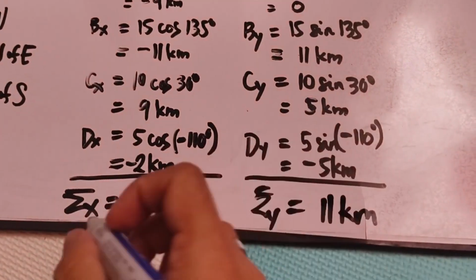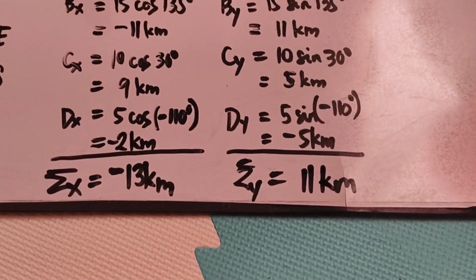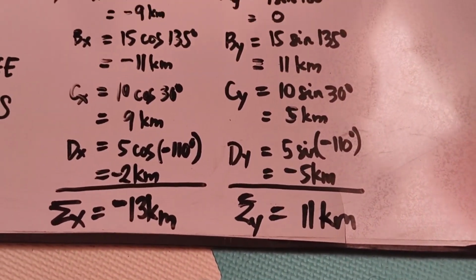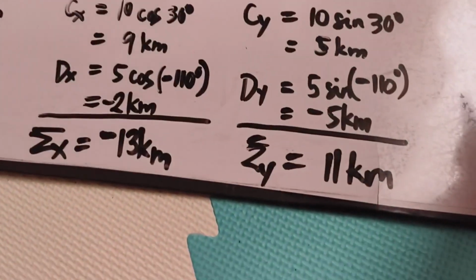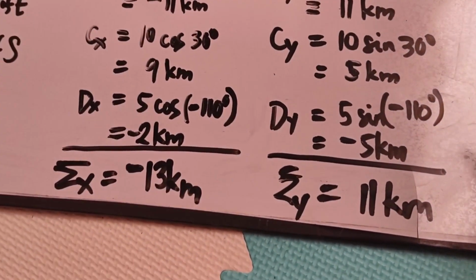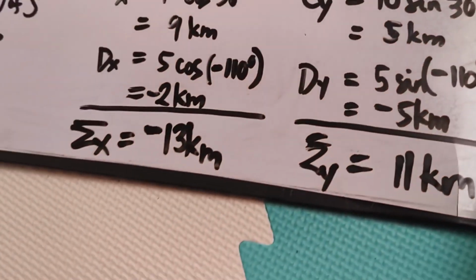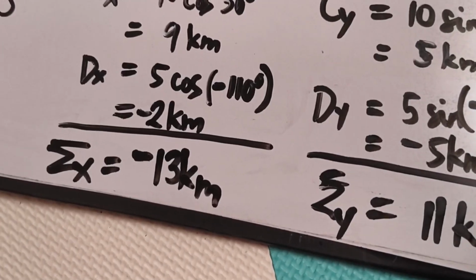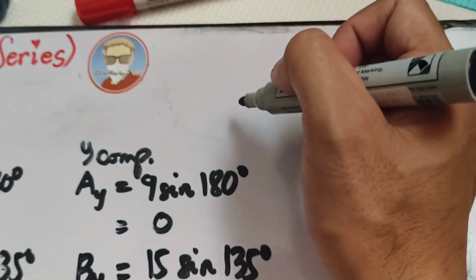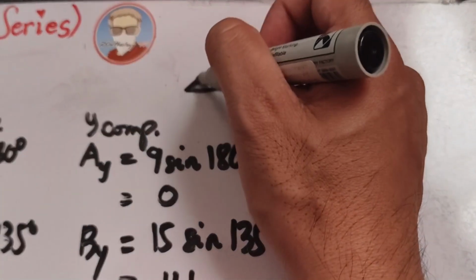Alright, so what's the significance of the signs of the summation of x and summation of y? It can tell us the direction readily of our resultant vectors. Say for example, in this case, our summation of x is negative 13, therefore it is directed to the left.